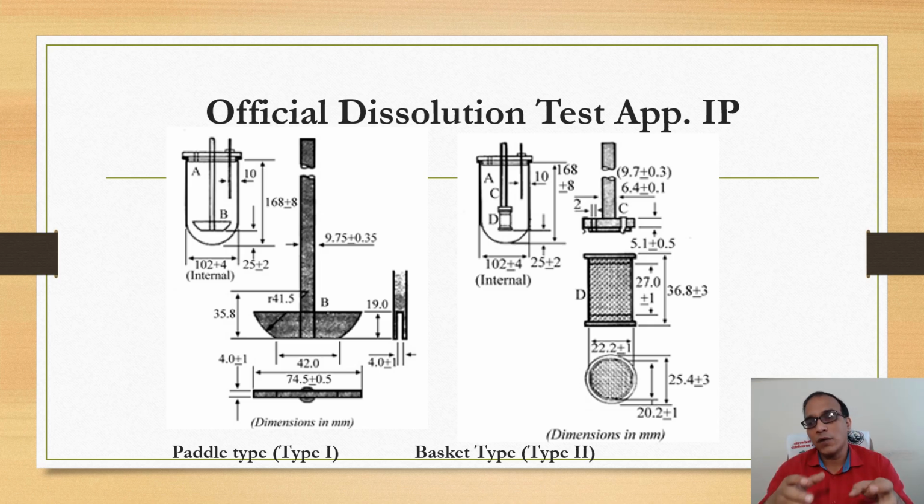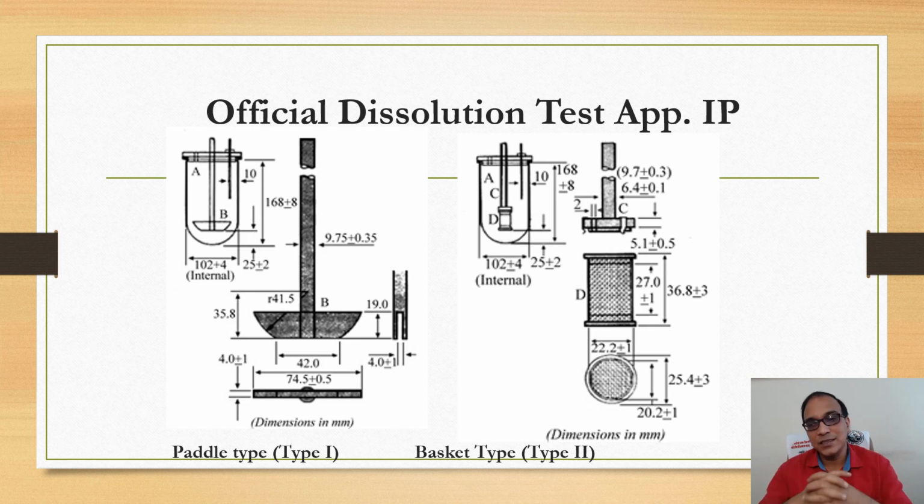So what you have to do: in the paddle, as the name suggests, the paddle is hanging in the jar, and in the basket, a mesh basket is there, of a certain height, length and mesh size. Each and everything is specified.